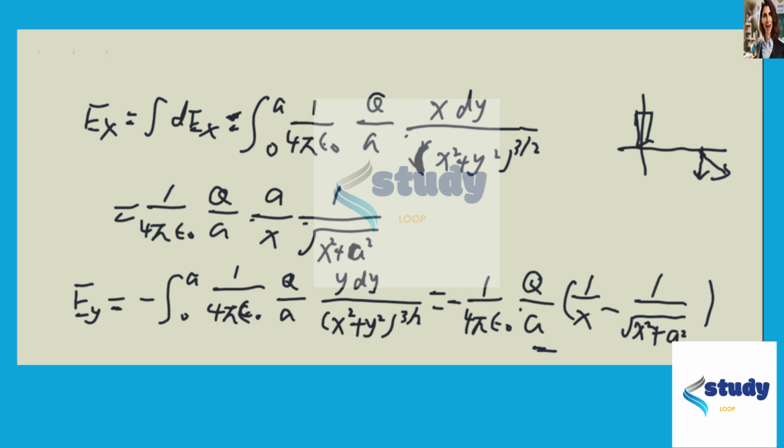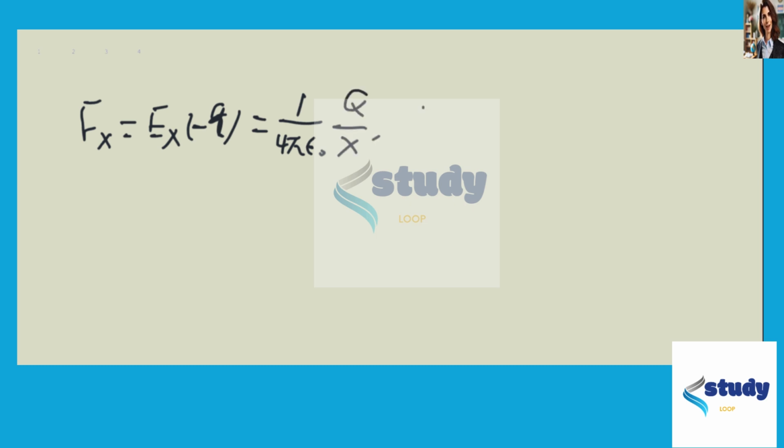So this is the expression for Ey. And for part B, we want to find the electrostatic force on the small charge negative q. So just utilize Coulomb's law. Fx equals Ex times negative q. So this equals 1 over 4 pi epsilon naught Q q over x times 1 over square root of x squared plus a squared, with a negative sign.